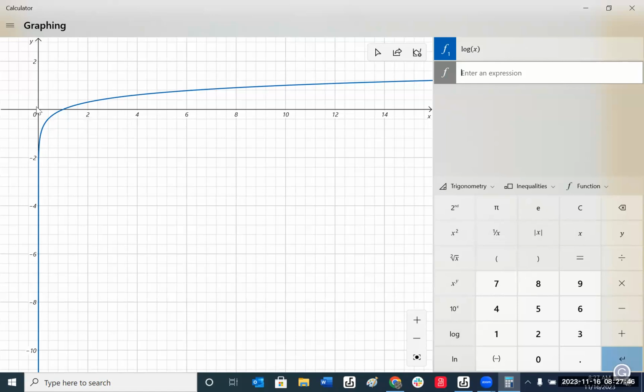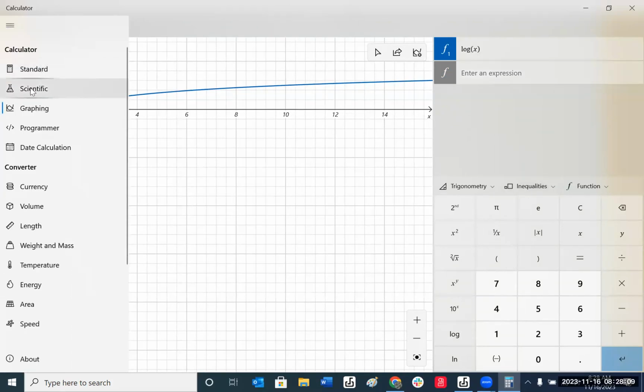Again, it's got a vertical asymptote. It never touches the y-axis. It goes on to negative infinity. It crosses always at 1, and it goes to positive infinity on the domain. Notice these also have trigonometric and inequalities. This will help you if you get stuck doing inequalities.